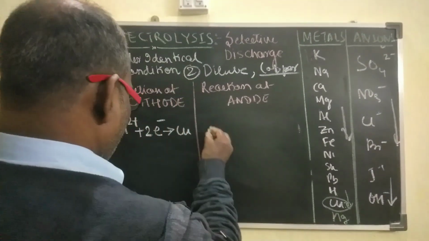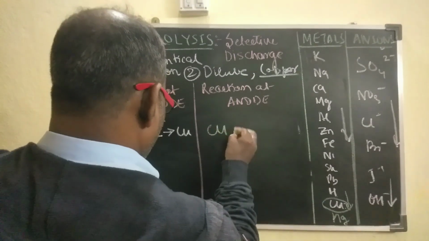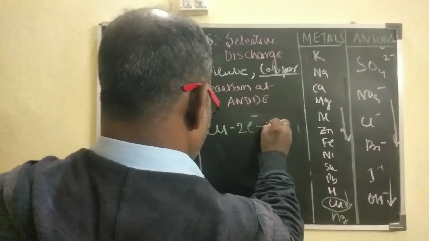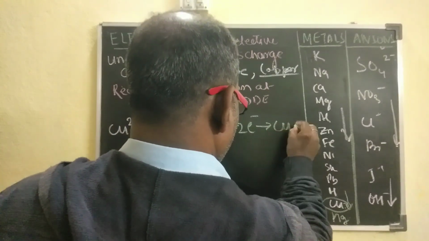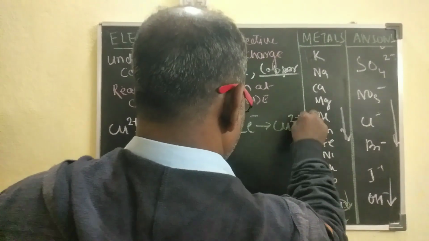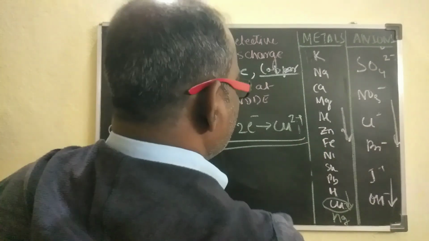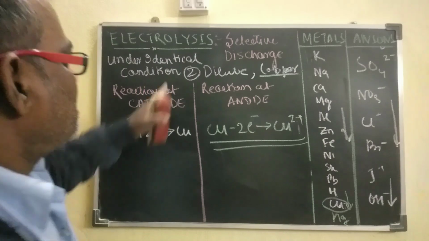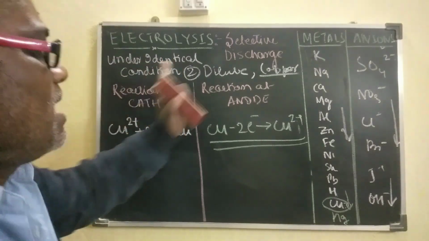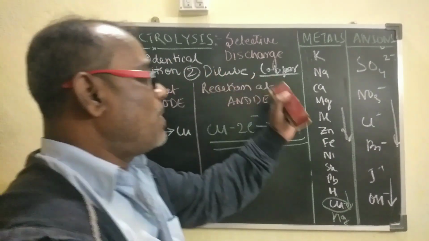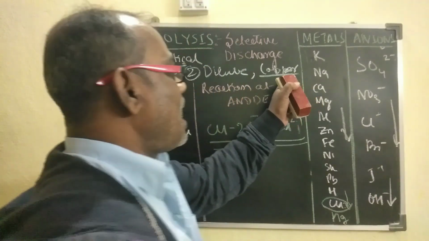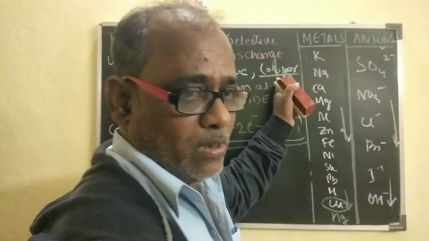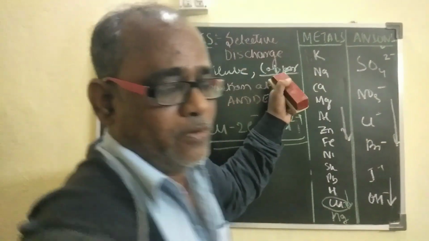That means we can write Cu minus 2 electrons gives Cu2 plus. So this happens at the anode, when the electrolyte is dilute but the electrodes are active electrodes, here copper, instead of inert electrodes.